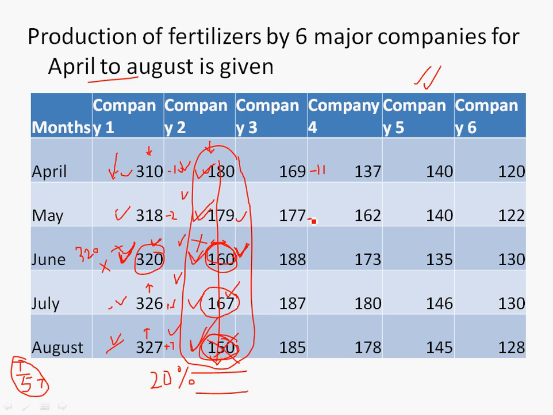So -11, this would be -3, this would be +8, +7, +5.